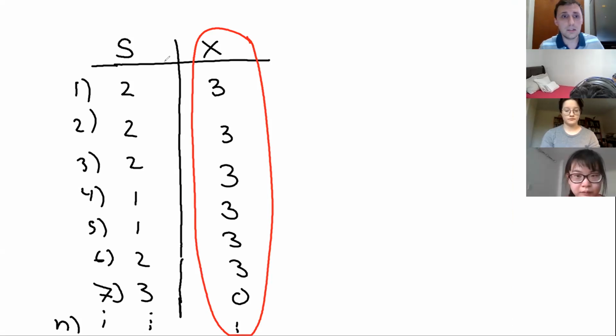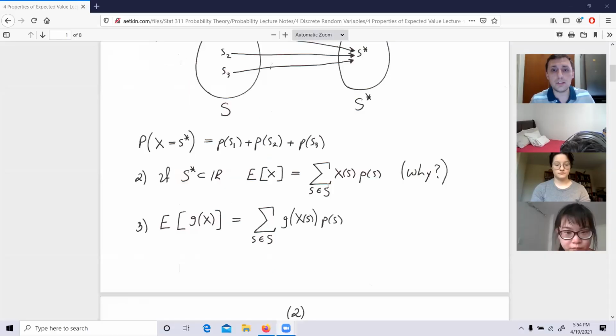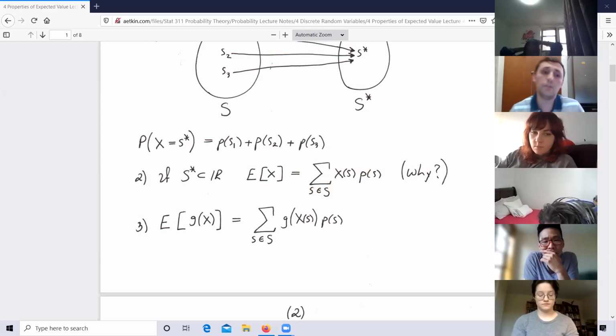And here I use the sort using which column? Can you tell me, please, in my comments? If I say sum over S in S of X of S times P of S, that indicates that I calculate my expected value through sorting which of the 2 columns.